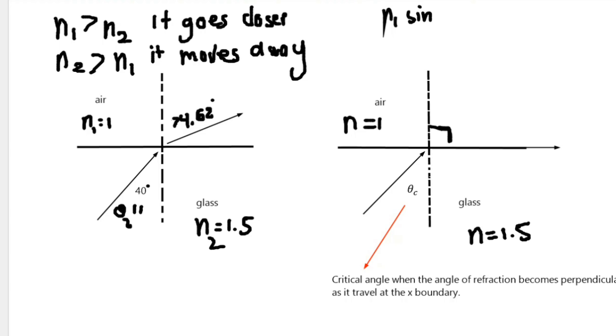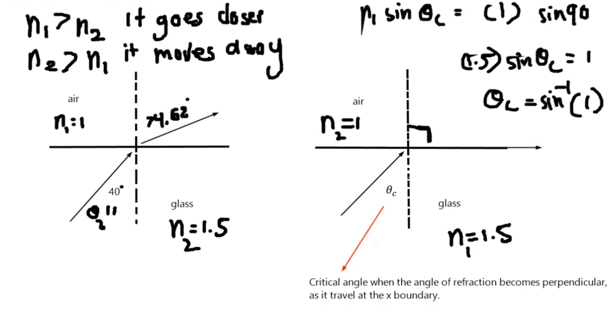In order to calculate that critical angle where the light ray becomes perpendicular, we're just going to plug in some values here. We use Snell's law once again and put in some values. So the critical angle is going to be around 41.8 degrees.